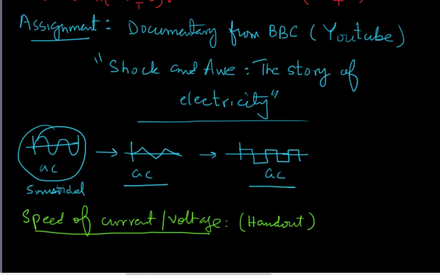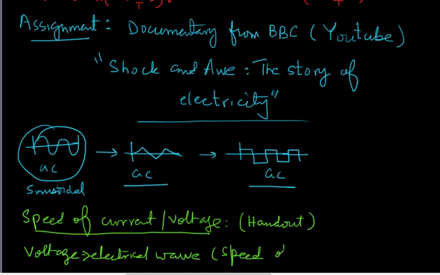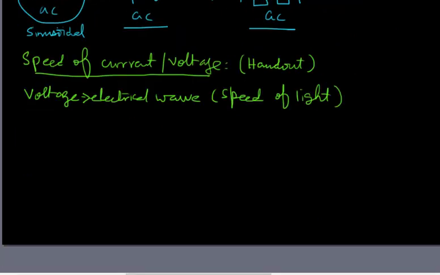So, voltage is simply an electrical wave, and an electrical wave travels at the speed of light. So it's going to travel at the speed of light in your circuit. Let me quickly draw a circuit and tell you how it looks.